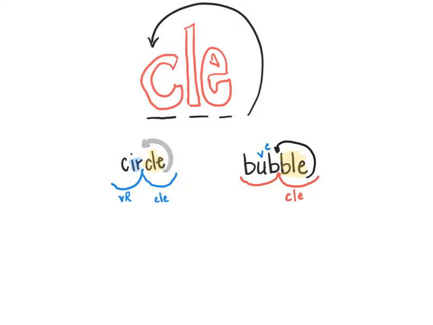I'm hearing that sound with the U, which makes me know that it's a short vowel and that it's closed by a consonant. And what I remember is that is a closed syllable type. It's closed by a consonant and the vowel is short. So that's CLE.